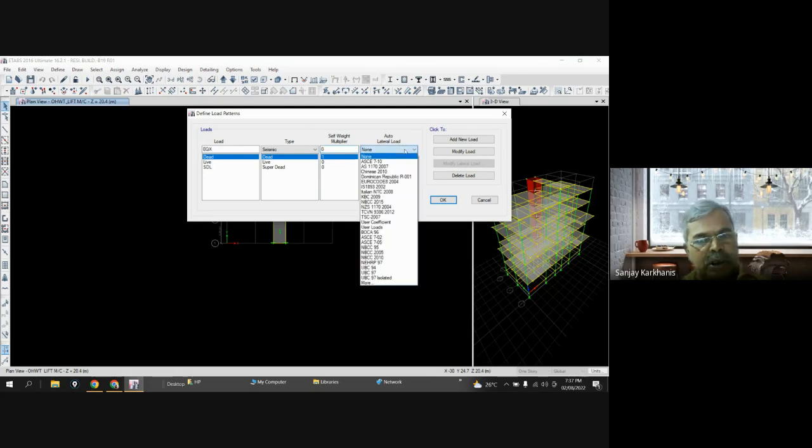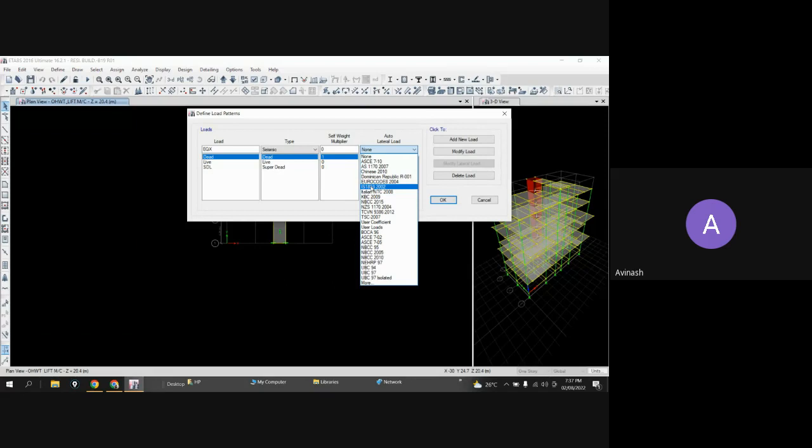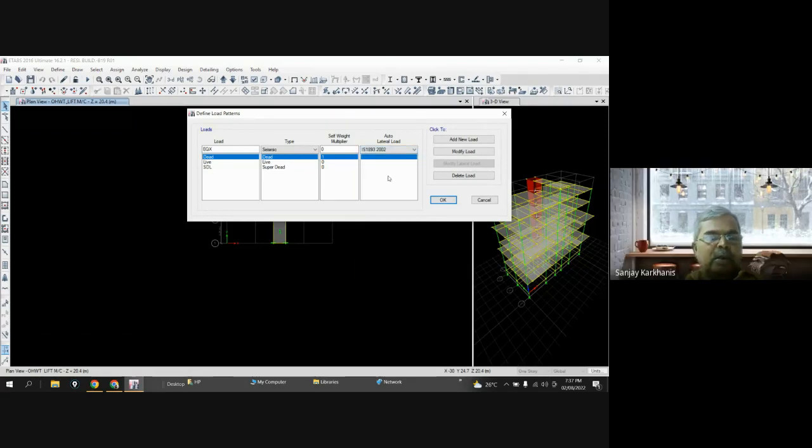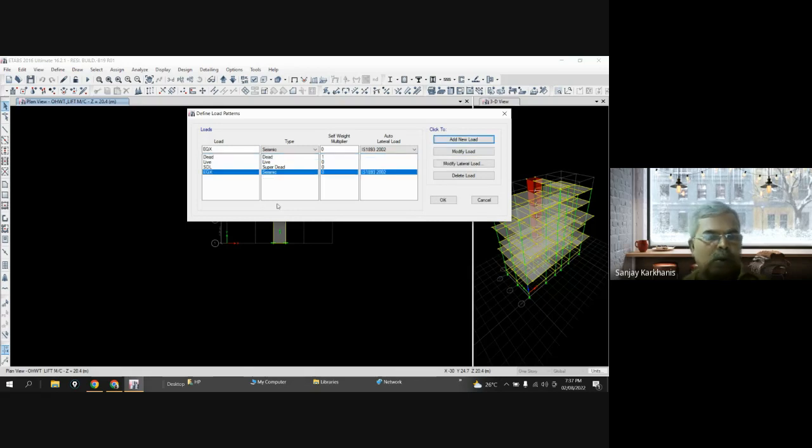In versions, if you have ETABS version 18 or 19 or anything more than 17, you might get 2002 and 2016. It is up to you. But even if you use 1893 2002, that is also enough. Now after doing this, I will just add new load.